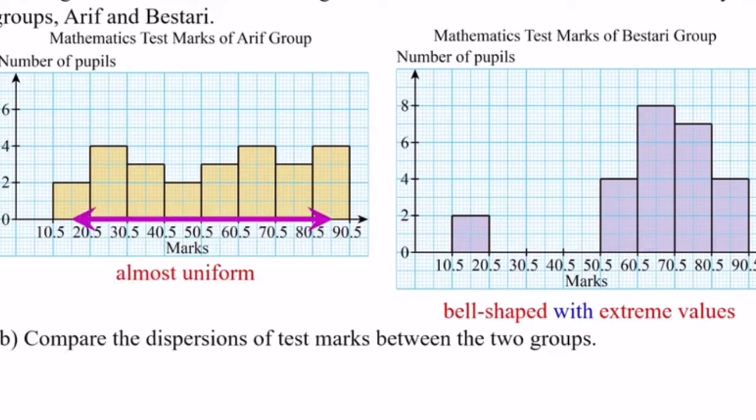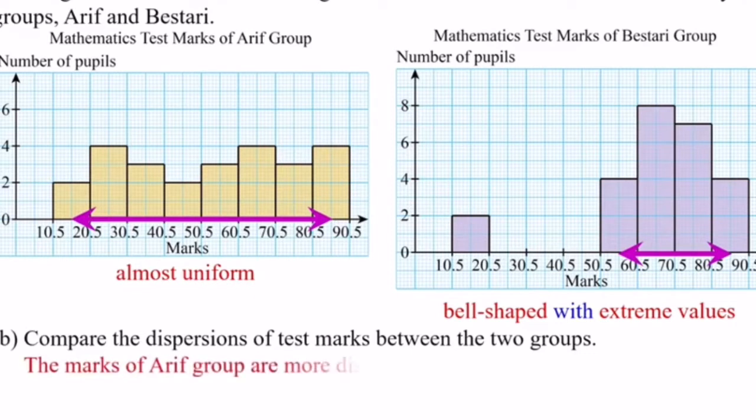So we can observe that from 10.5 to 90.5, the gap is quite far compared to the Bestari group. You see, the distribution is actually shorter, right? The spread of the marks, the spread of the data.